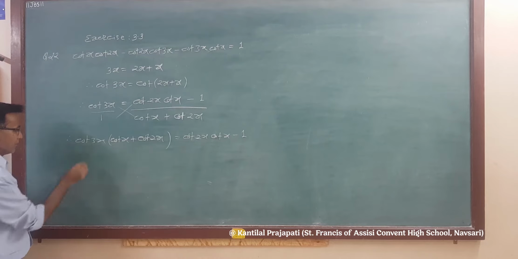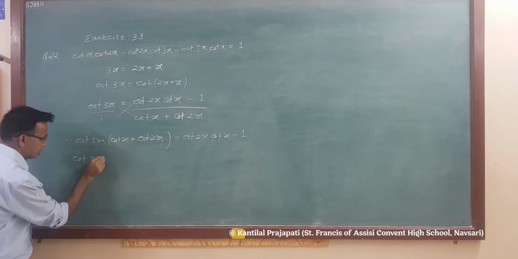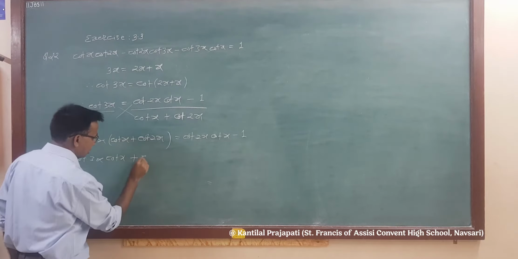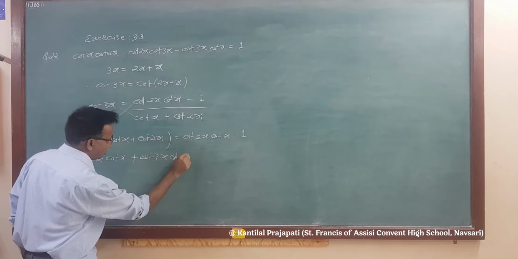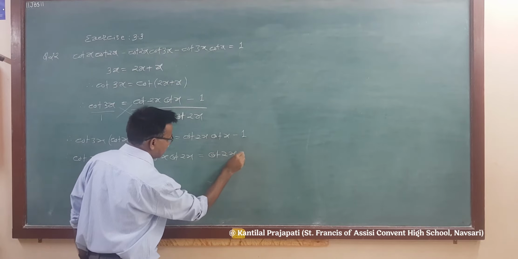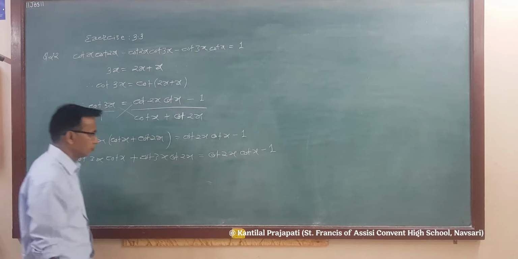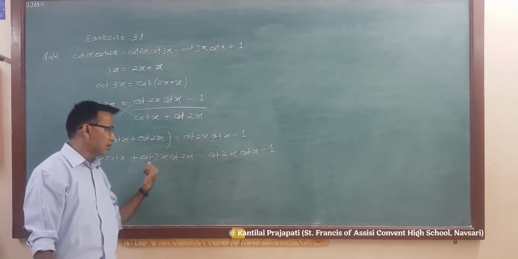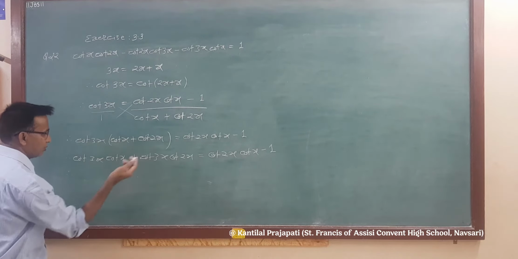Simplify this, and here we have cot 3x into cot x plus cot 3x into cot 2x is equal to cot 2x into cot x minus 1. Change the side of these two functions and the 1 on this side, so change the sign of the trigonometric function and constant 1.